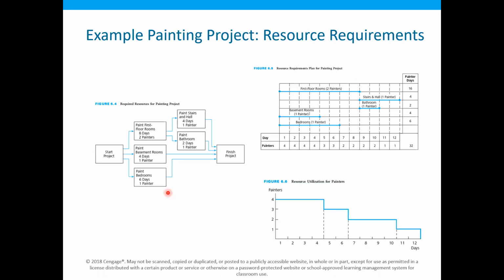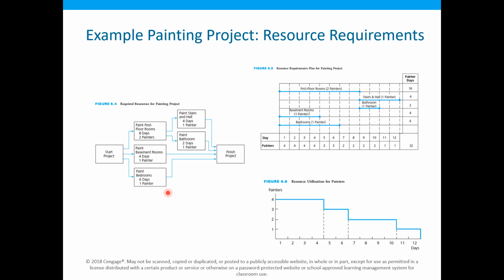It's 4 days, right? 4 days is the duration of the activity for the basement room. And then after that, how many days can we delay this activity? That will be 8 days. Yes, that will be 8 days.